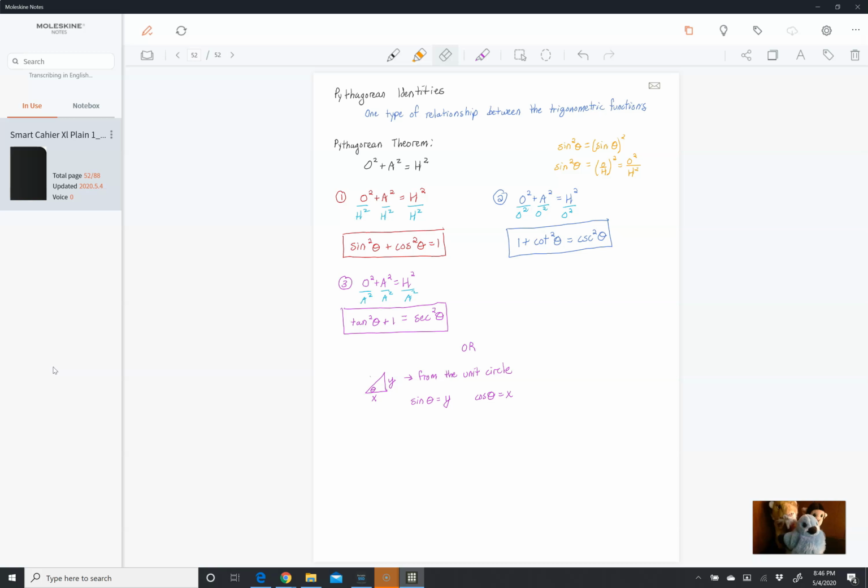Now, we know from the Pythagorean theorem, right? x squared plus y squared is equal to 1. That's what the Pythagorean theorem is telling us. So, cosine squared theta plus sine squared theta equals 1, or we can write it as sine squared plus cosine squared.